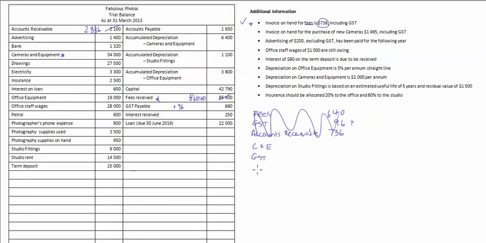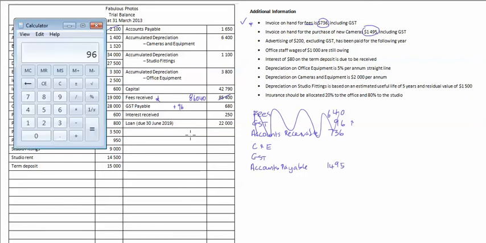GST, and in this case, because we've bought it and we're going to pay for it later, for us it's going to be an accounts payable. Obviously we're going to have to pay the full amount, $1,495, so accounts payable is going to change by $1,495. GST, let's check that.